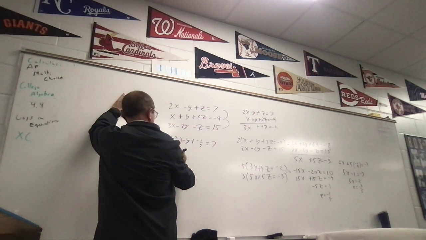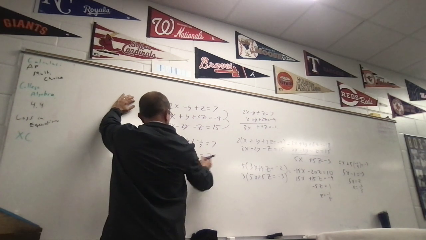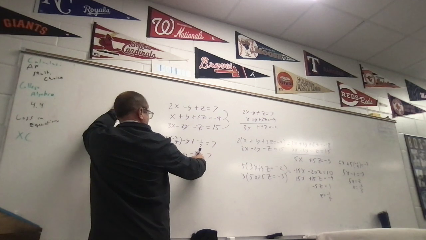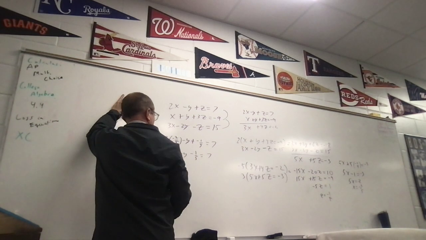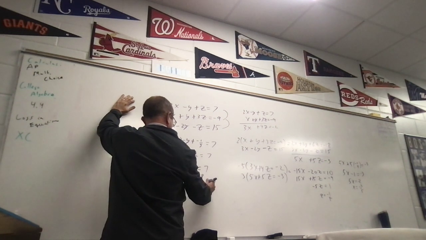So -4/5 minus y minus 1/5 equals 7. Negative y, this would become -5/5, which would be -1. Negative y equals 8, so y equals -8.